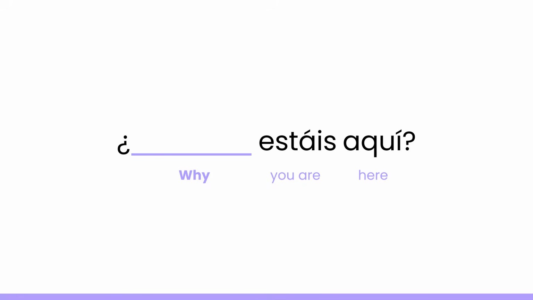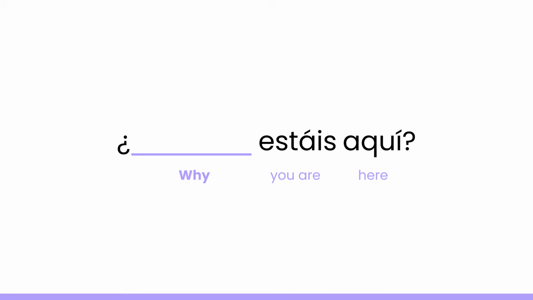So for example, why are you here? For what reason are you here? Which is, ¿Estáis aquí? Estáis comes from the verb estar, which we learned before, and estáis is the conjugation for vosotros or vosotras.